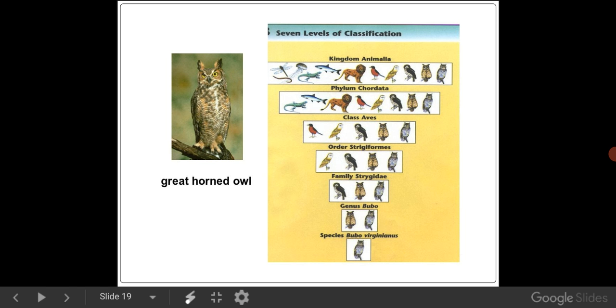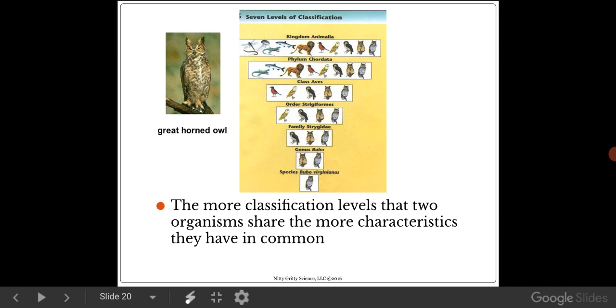Then we get more specific with the class Aves. So now we just have different winged creatures, different birds. Its order, we got rid of that robin, it looks like. Its family, its genus, and then its species. And at the species, we just have that one creature. So the more classification levels that two organisms share, the more characteristics they have in common.